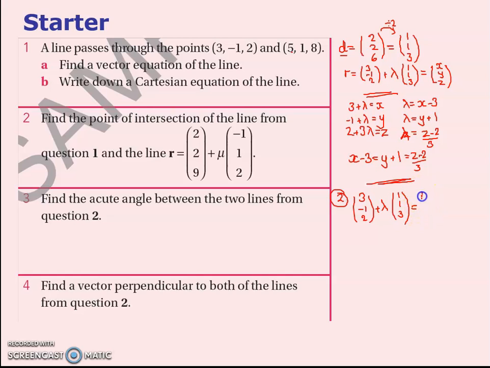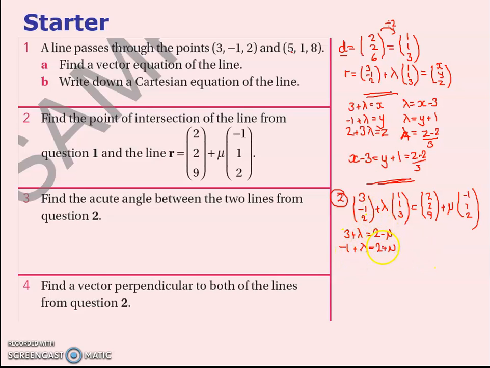So good job I didn't use mu, or else I'd be having to change everything. 2, 2, 9 plus mu minus 1, 1, 2. Now, the trick with this is the top lines must be equal to each other. So 3 plus lambda equals 2 minus mu, and minus 1 plus lambda equals 2 plus mu.